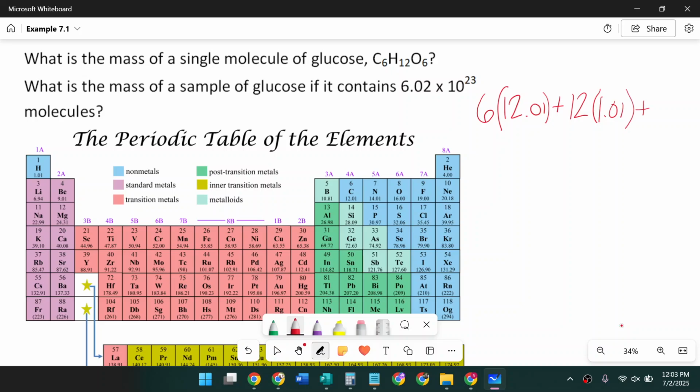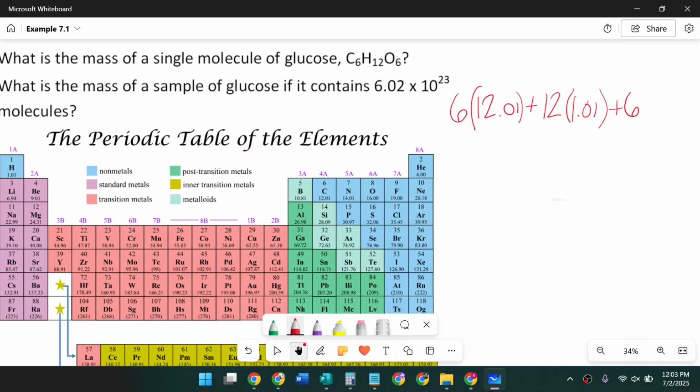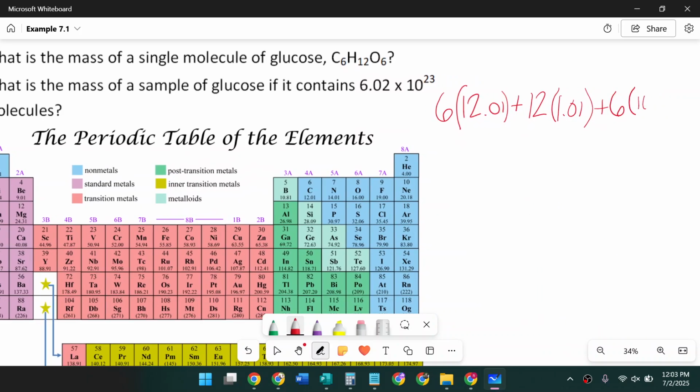And last we have oxygen, and that's 16.00, and we have 6 of those. These numbers right here tell us how many of each atom we have. So we just multiply that number by the atomic mass unit that's listed on the periodic table.